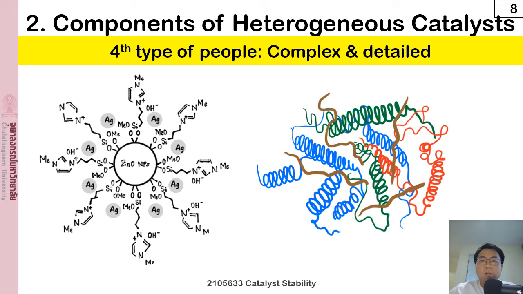And on the right of the screen, you can see that this person tried to explain the catalyst in terms of a biocatalyst. This type of catalyst consists of many units of polypeptides or proteins. So different colors mean different functions of the proteins and different types of protein also.